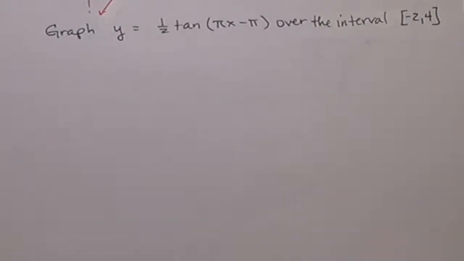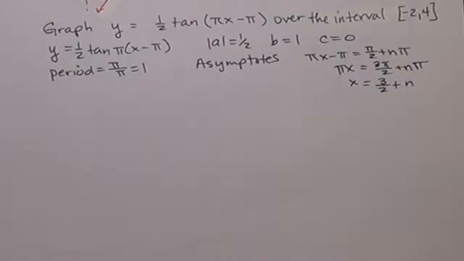The other thing to notice is when we look at our interval that we're asked to graph, there are no pi's in there, which tells us that when we start rewriting our function, our phase shift and our asymptotes should be in terms of integer values. So if I'm getting values of pi or pi over 3 or things like that, I know I'm doing something wrong. So for this one, y equals 1/2 tangent of pi times the quantity x minus pi.